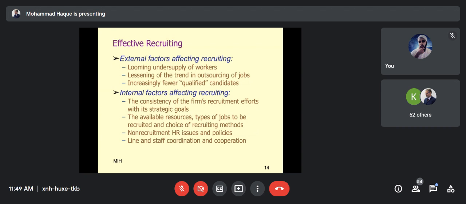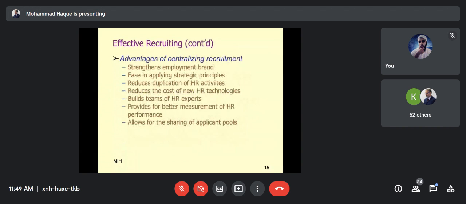Similarly, internal factors are also there, which affect recruiting. The consistency of the firm's recruitment efforts with its strategic goals, the available resources, types of jobs to be recruited, and choice of recruiting methods also affect the recruitment. Then non-recruitment HR issues and policies of the organization will affect, and line and staff coordination and cooperation will be another factor.